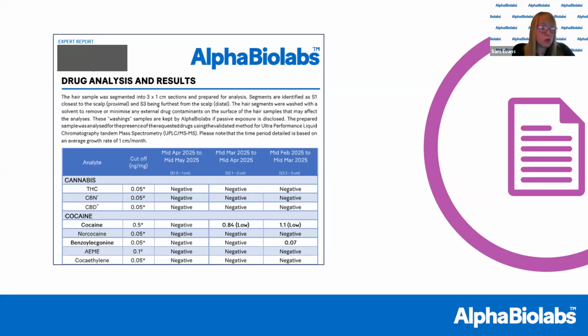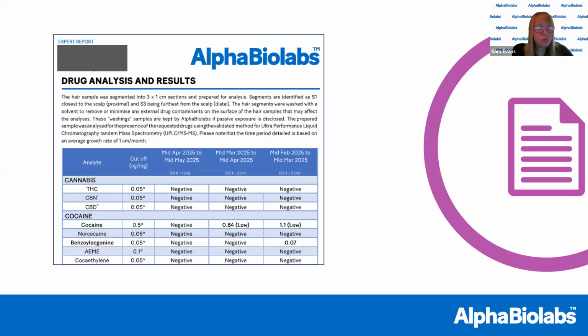The hair segment S2 specifically matched the visual colour change observed in the hair sample at about 1.2 centimetres from the root cut end. So in this case, although benzoylecgonine wasn't detected above the cutoff in hair segment S2, it's plausible that it had been degraded due to the bleach, which supports in this instance that cocaine was likely from use within that time period or prior to the approximate time period covered by that segment, i.e.